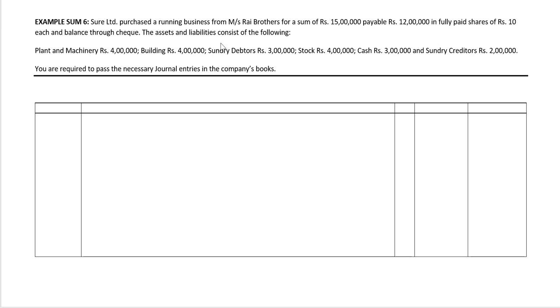The assets and liabilities consist of the following: plant and machinery rupees 4 lakh, building rupees 4 lakh, sundry debtors rupees 3 lakh, stock rupees 4 lakh, cash rupees 3 lakh, and sundry creditors rupees 2 lakh. You are required to pass the necessary journal entries in the company's books.